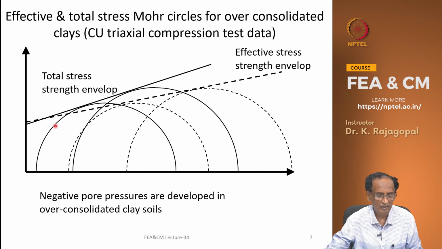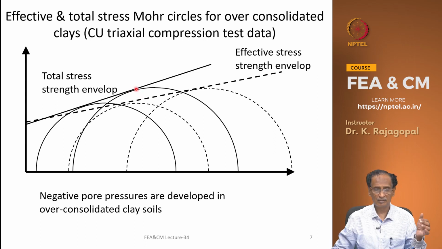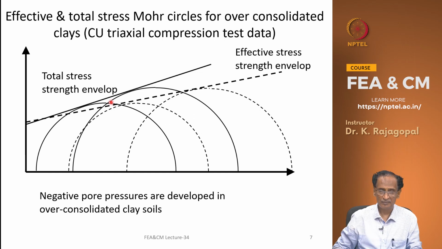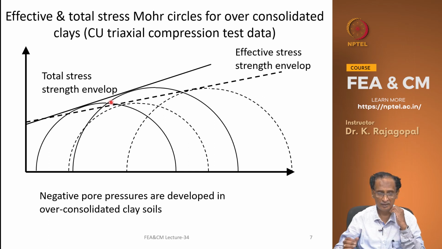See, here you see the strength envelopes for both total stress and effective stress Mohr circles. The solid Mohr circles are the Mohr circles corresponding to total stresses. And this particular data is for over consolidated clays, where you develop negative pore pressure. So, there is an increase in the effective stresses under undrained conditions.